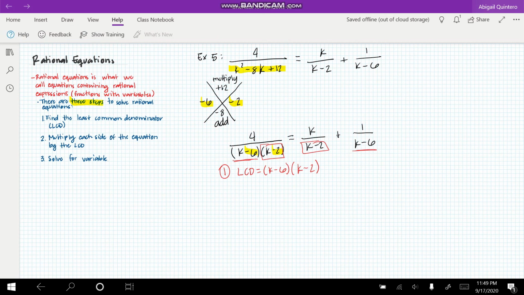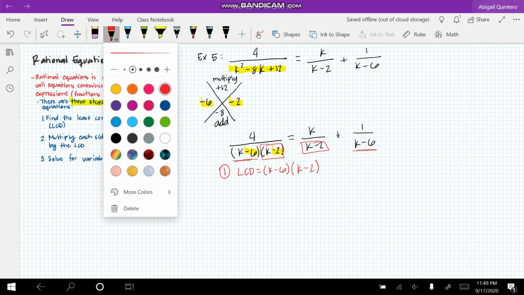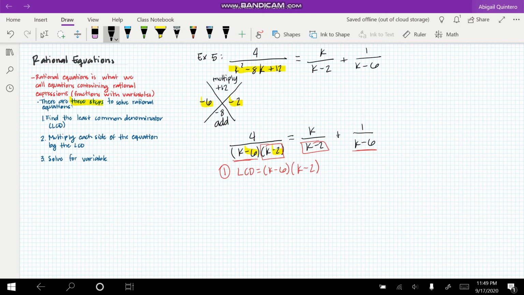Now what we want to do is multiply every single term by the LCD. So we're going to have 4 over k minus 6 times k minus 2 equals, and then we have k over k minus 2, and then plus 1 over k minus 6.